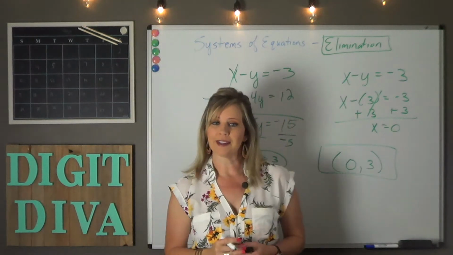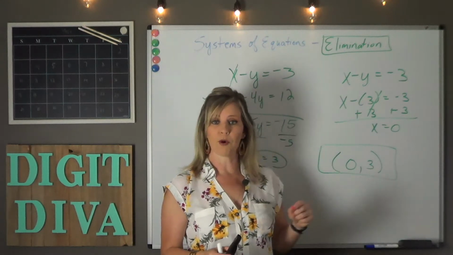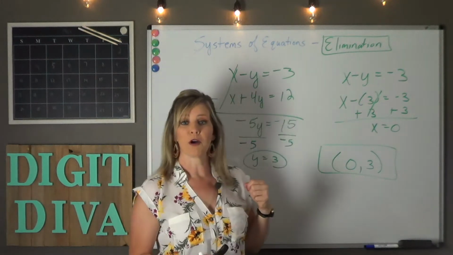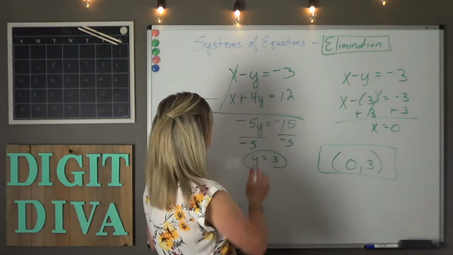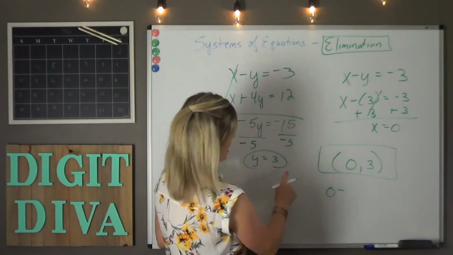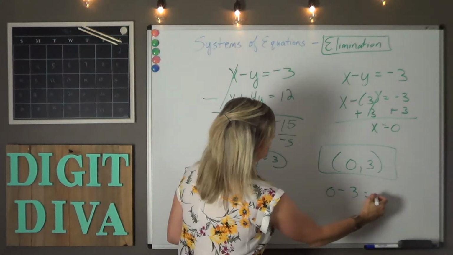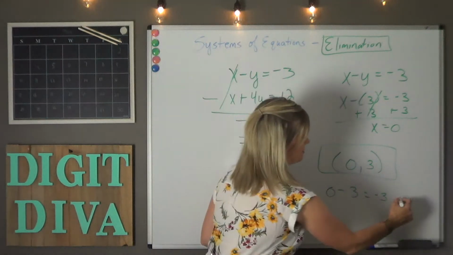And what that means is I could plug in 0 for x and 3 for y and get a true statement in both of those equations. And we'll do one just for practice. So if I would choose the top one, x was 0, y was 3. Is 0 minus 3 negative 3? Yes.